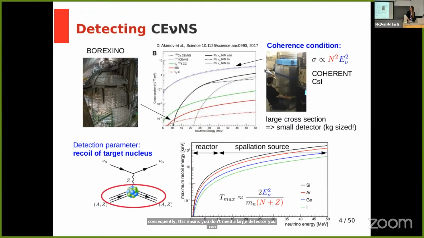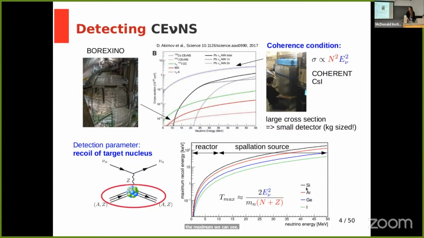So this, for example, is the COHERENT iodine detector where the first detection of CEvNS occurred, in comparison to, for example, xenon, where you need to get a lot of inverse beta decay events. However, what we want to detect in the end is this very tiny recoil of the nucleus that has been hit by the neutrino. And the maximum recoil energy scales with the mass of the nucleus.